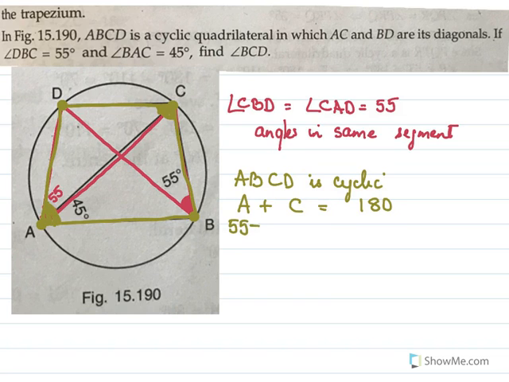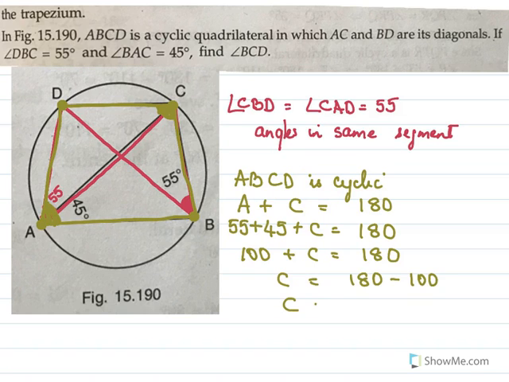A is 55 plus 45 plus C equal to 180. So here we have 100 plus C equal to 180. So C will be 180 minus 100, and C equal to 80. So BCD, which they are asking us, is equal to 80.